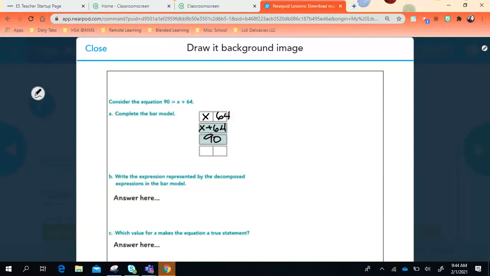Now, because I did not tell you this the first time, make sure the bottom matches up with the top. So if I put 64 in this box, I want to make sure I put 64 in this bottom box. That way I know x equals whatever I got in my second box.